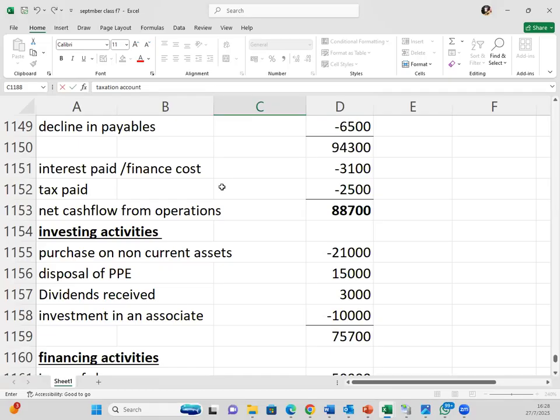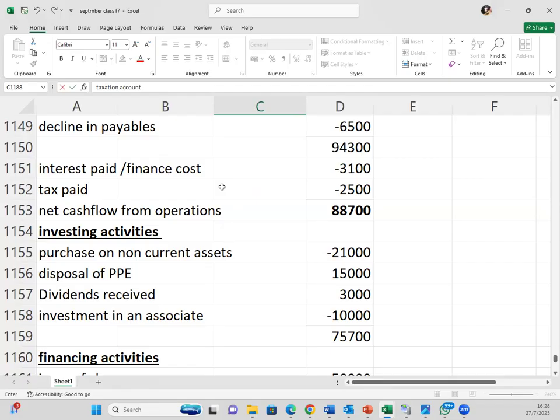The same goes with the disposed asset. What we are more concerned with is the price we charged for the asset. You can get these using the assets account. Okay, so that's the purchase of non-current assets.